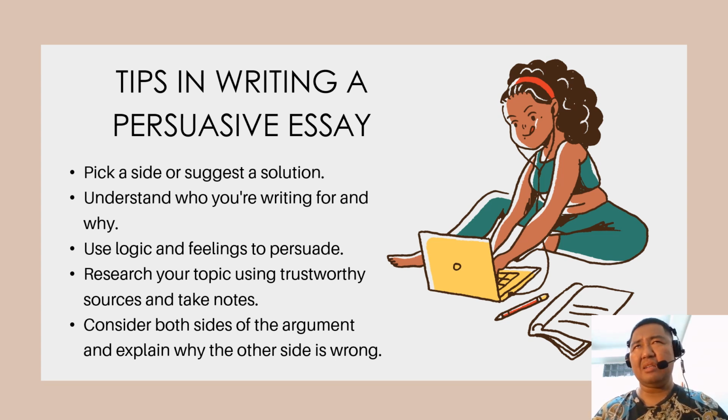And what are the bad experiences that people may have when they visit Boracay? When you present these things in a persuasive essay, you are able to defend your side by presenting both sides of the story. But your side is good and the other side is wrong. So that's what a persuasive essay is.